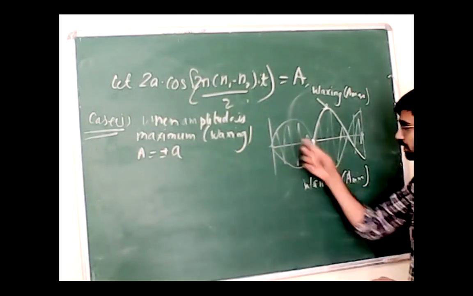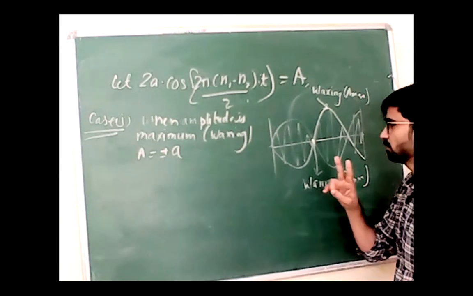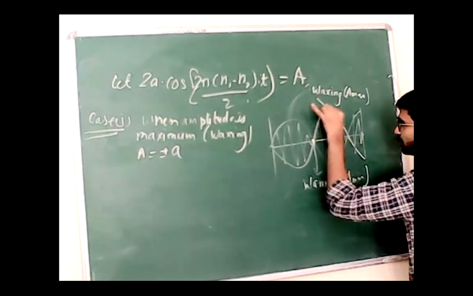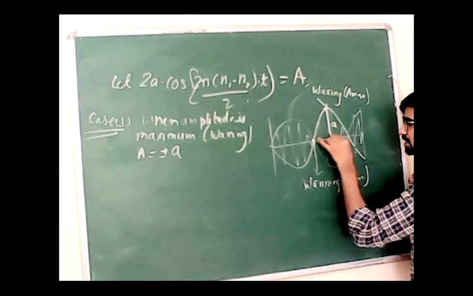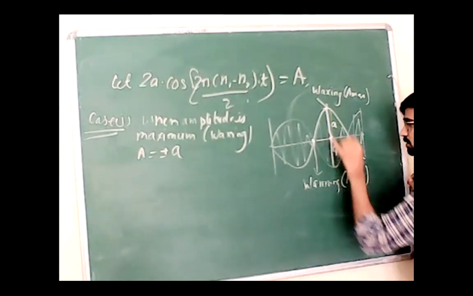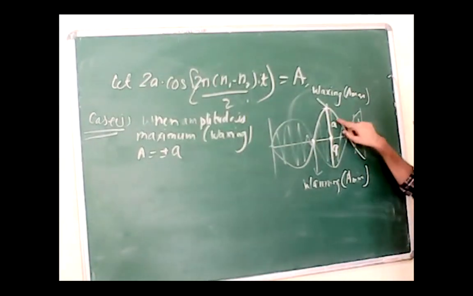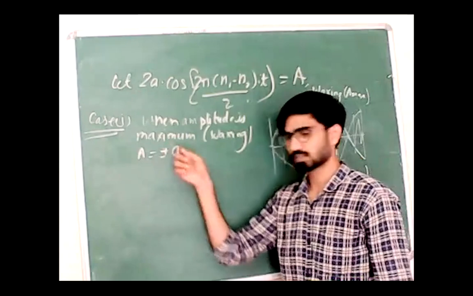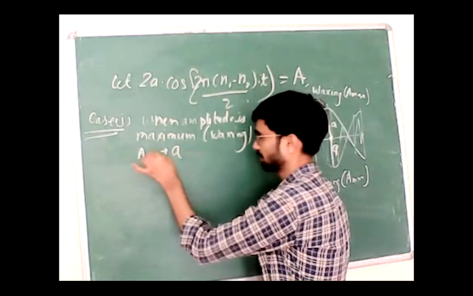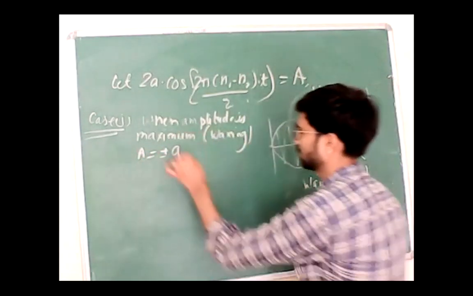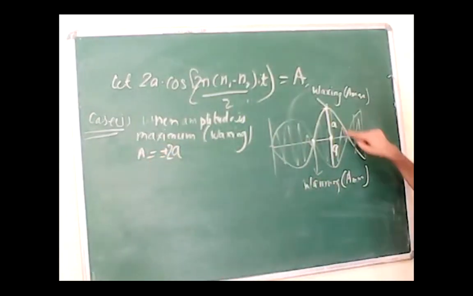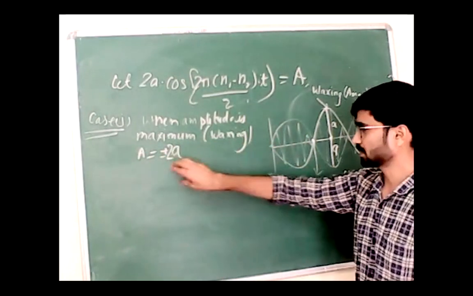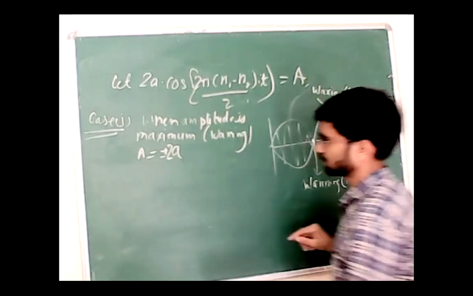See here, in this wave we have two waves. For the first wave the amplitude was A, for the second wave the amplitude was A, so the total amplitude would be plus or minus 2A.